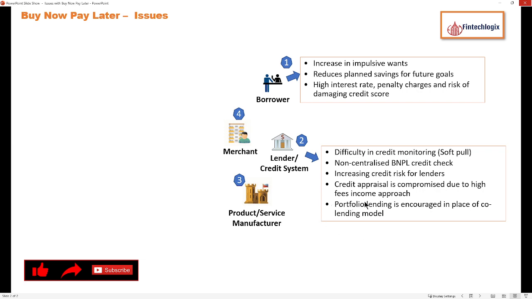Now, the last point is very important: this is actually encouraging portfolio lending instead of co-lending. If you remember, in portfolio lending, the wholesale lenders make available a certain amount of funds for the loan service providers, who give it to different customers in the form of retail loans, right?